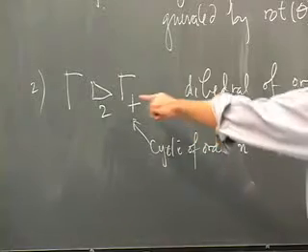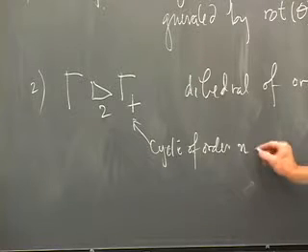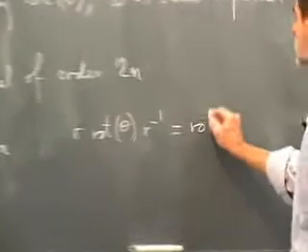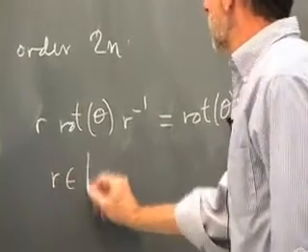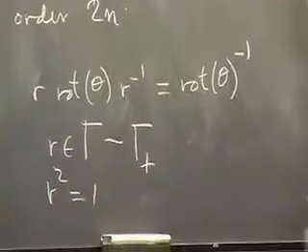And the reflections conjugated elements of the cyclic subgroup to their inverses. So I could write, if this is cyclic of order n, then R rotation by theta R inverse is equal to rotation by theta inverse for all R in gamma minus gamma plus. R squared is equal to 1.